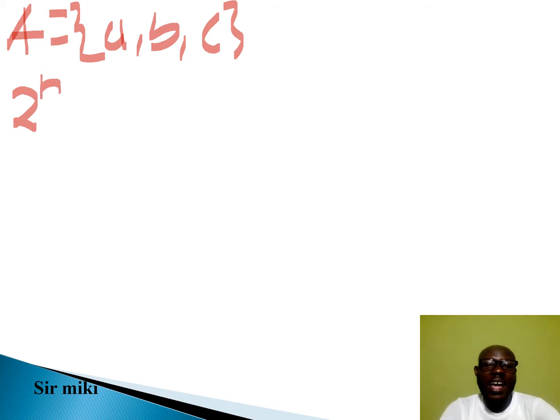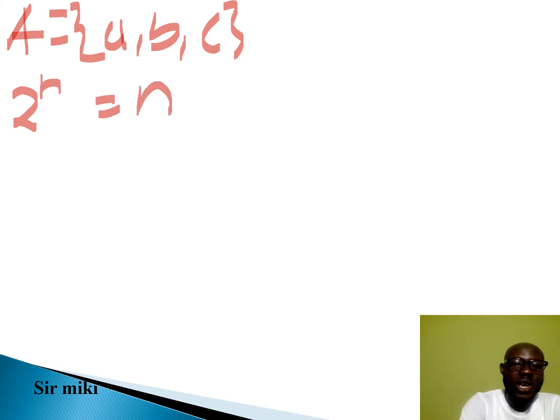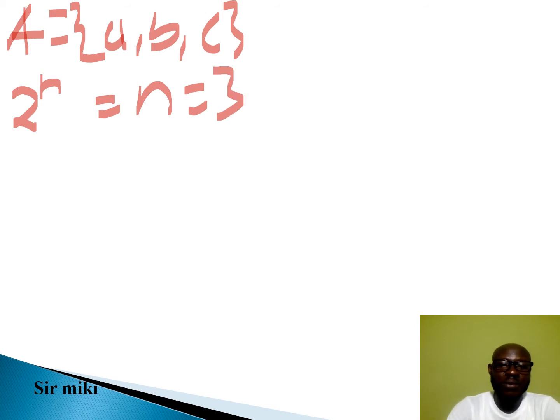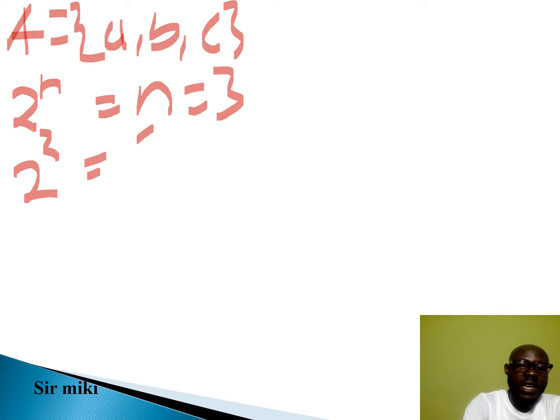Now n denotes the number of elements in set A. So we can say that n equals to what? 3. That means that 2 raised to the power 3 will give us 8.